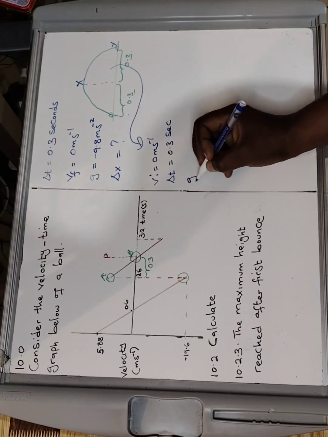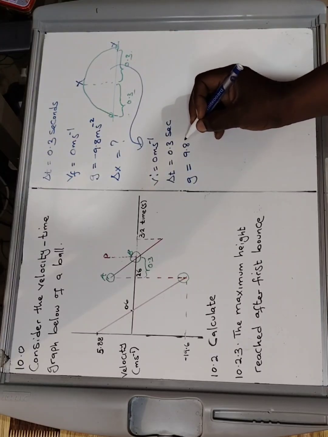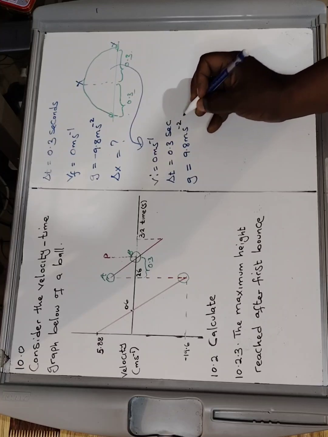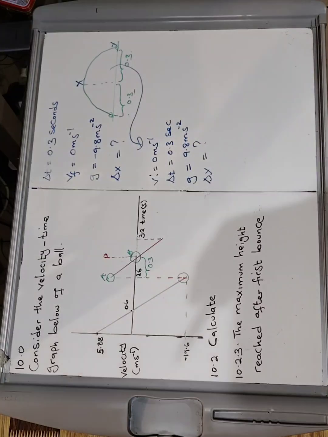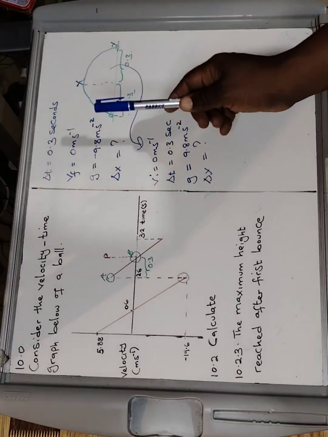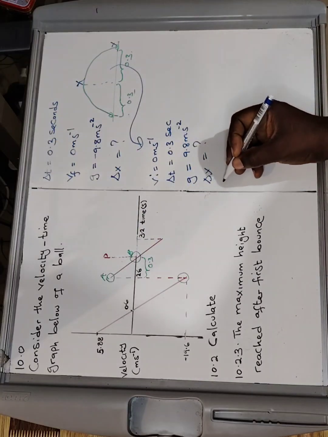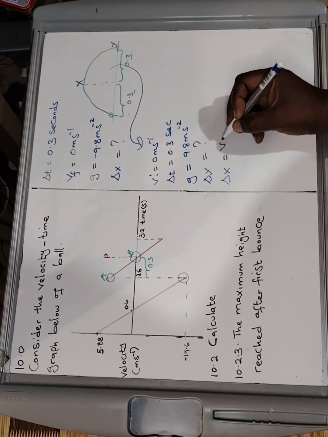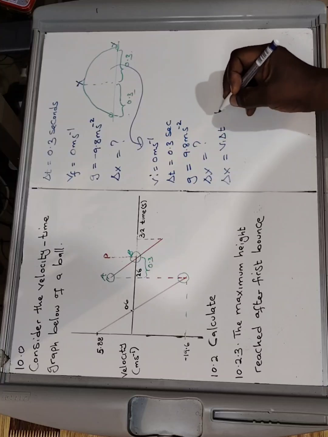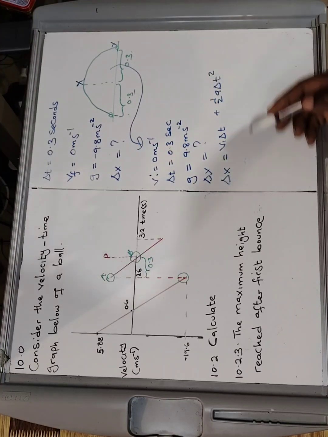We know our g is going downwards, which is going to be 9.8 meters per second squared. And we are looking for delta x. That trick works so that we don't have to struggle very much. I repeat, we didn't have VI here, because the equation we are going to apply is this one. What's the equation? It says delta x is equal to VI delta t plus half a delta t squared.